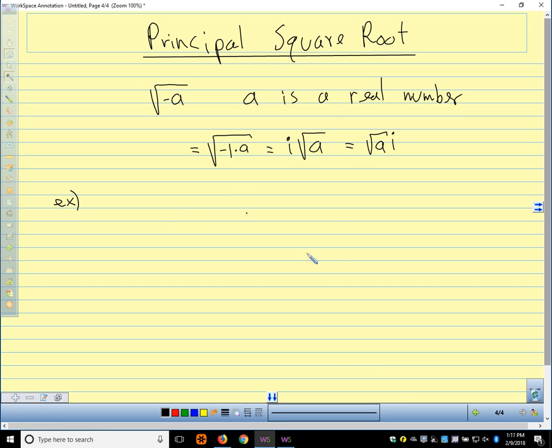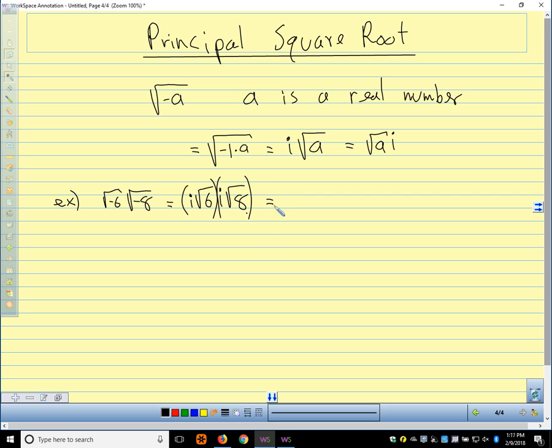Let's look at an example, and I want to explain why we use this as a convention. Square root of negative 6 times the square root of negative 8. We're going to say this is i times the square root of 6 times i times the square root of 8. That's how we're going to take our principal square roots.